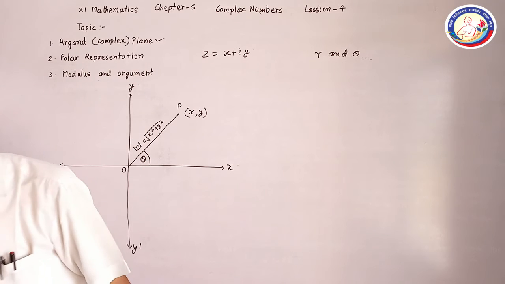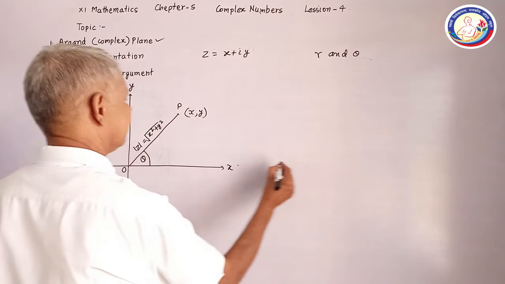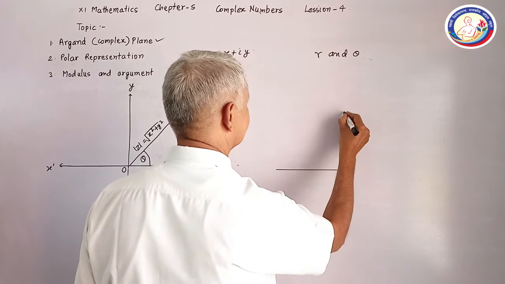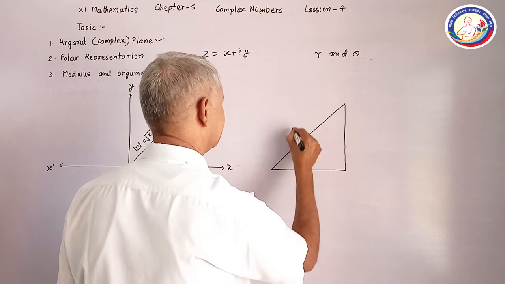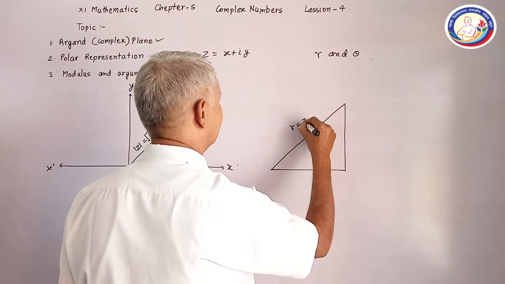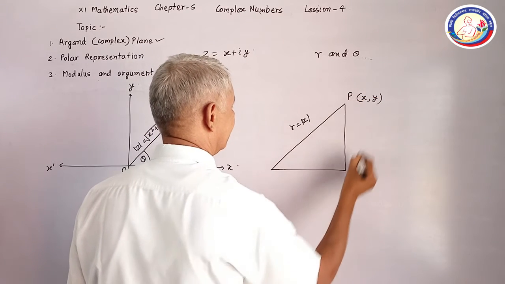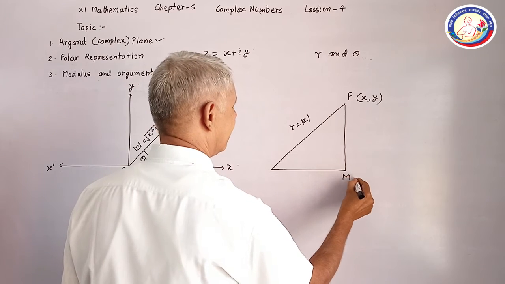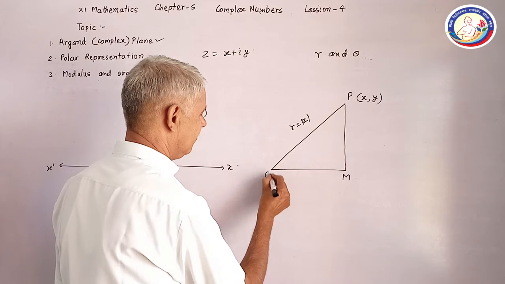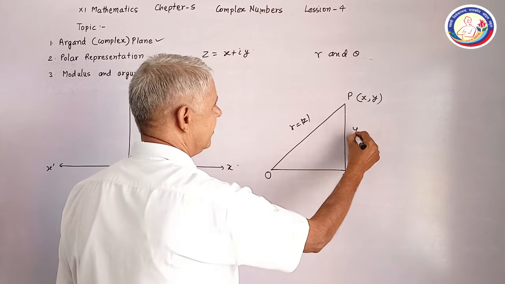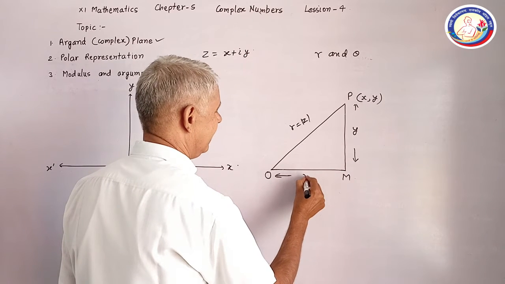Now we must introduce some trigonometrical functions here. This is r, which is equal to modulus of z. This is the point P, x, y. This is the foot of perpendicular. We have taken it several times previously. O is the origin. Now this will be y and this will be x.